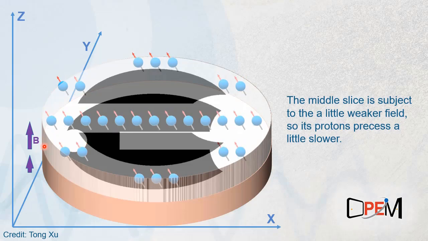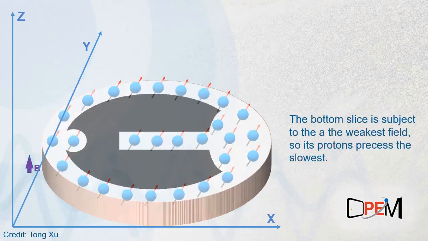As we know, the precessing frequency is proportional to the strength of magnetic field, B. So the middle slice protons will precess a little bit slower than the top slice protons. At the bottom slice, the protons are subject to the weakest field, so its precessing frequency is the lowest.